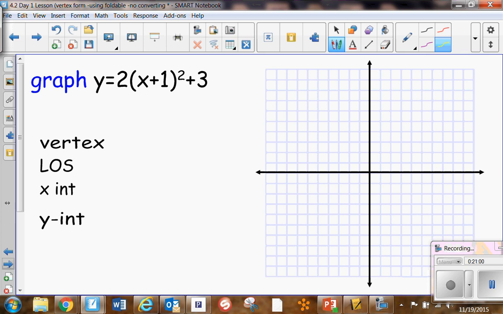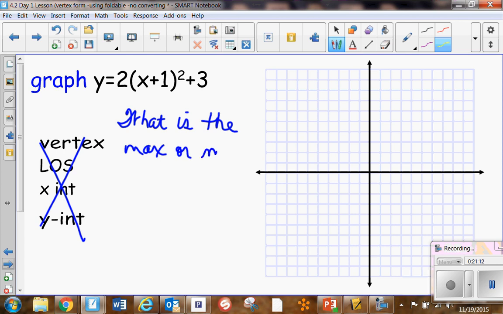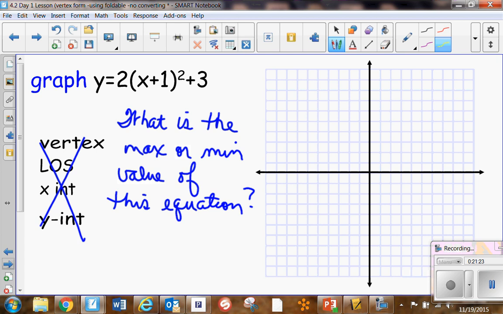Let me ask you this. Let's say these weren't the directions, and instead this problem said, what is the maximum or minimum value of this equation? Well, first of all, let's decide, is it going to be a minimum or a maximum?